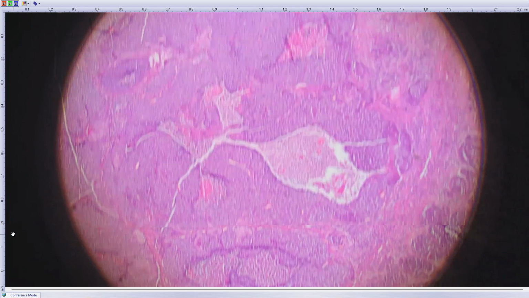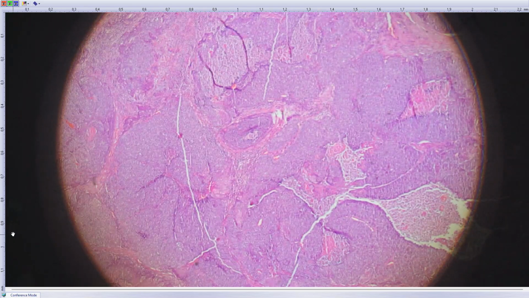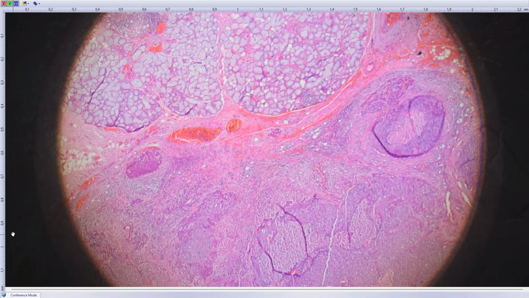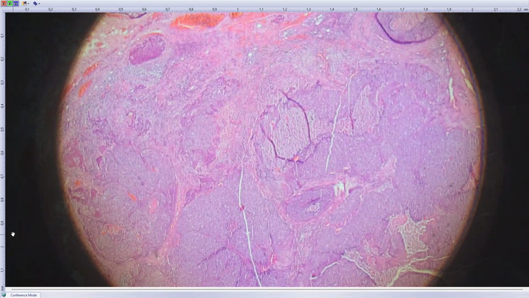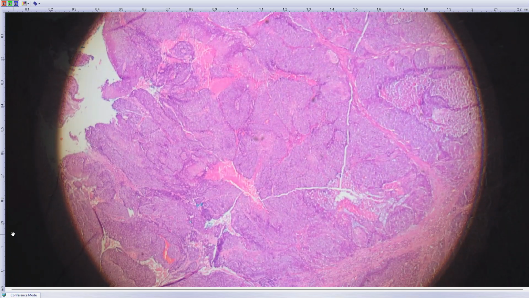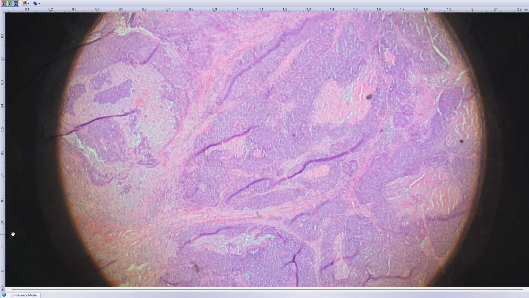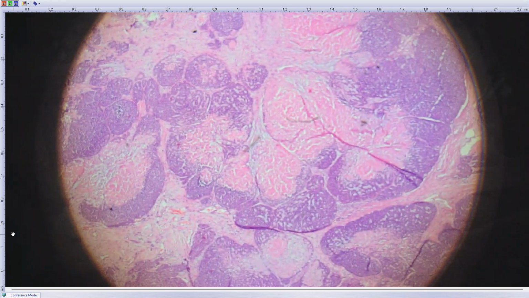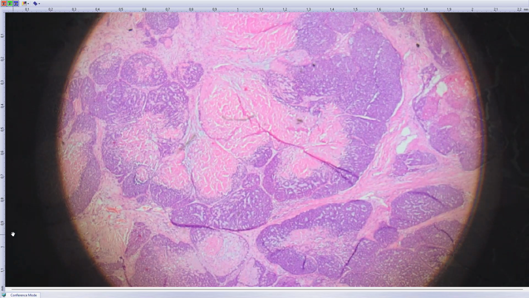Immediately, I can say that it has very high proliferative activity. It's an oropharynx. There is minor salivary gland, and I'm also looking to show you this area.